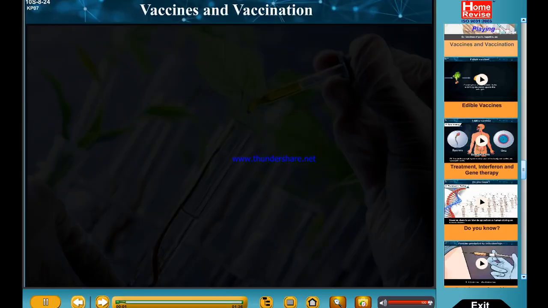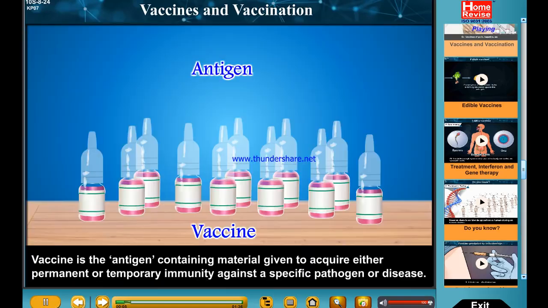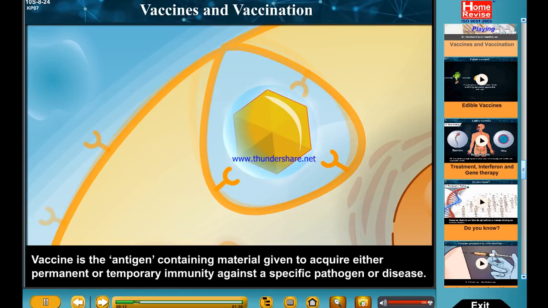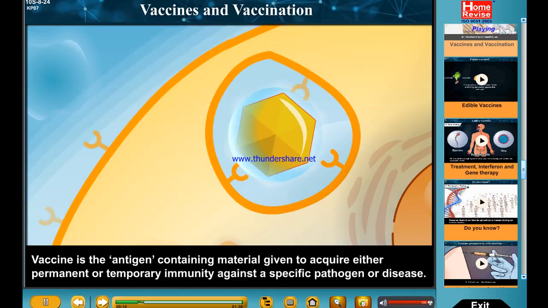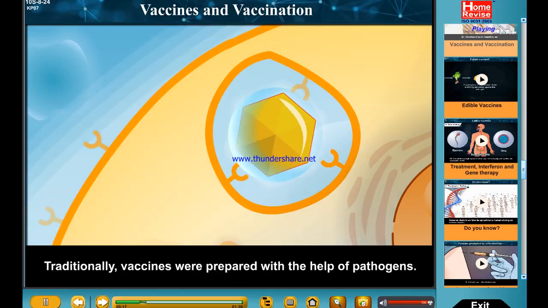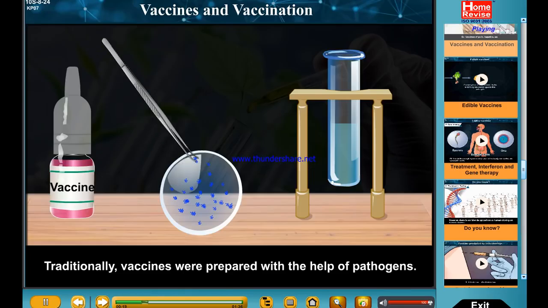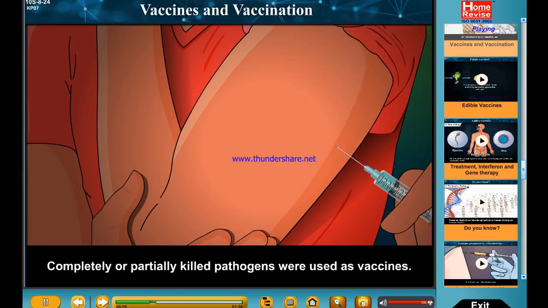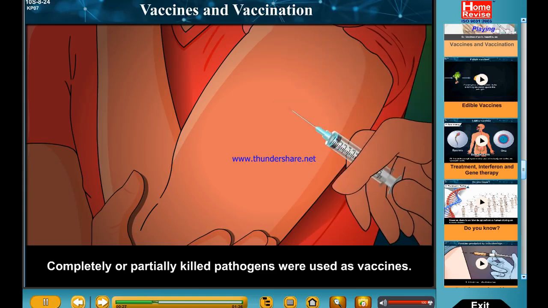A. Vaccines and vaccination. Vaccine is the antigen-containing material given to acquire either permanent or temporary immunity against a specific pathogen or disease. Traditionally, vaccines were prepared with the help of pathogens. Completely or partially killed pathogens were used as vaccines.